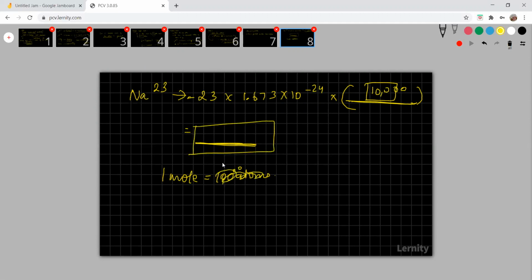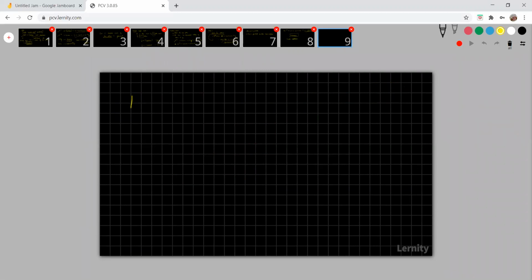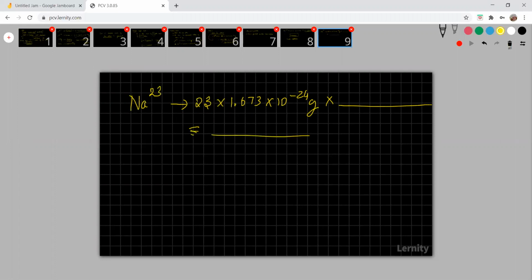Do you understand what I'm trying to say? I'm repeating again. I have an atom called sodium whose mass number is 23. The mass of one sodium atom is 23 into 1.673 into 10 power minus 24 grams. Clear? Now I'm going to multiply it with some number of atoms, so that I'll get the final answer here.